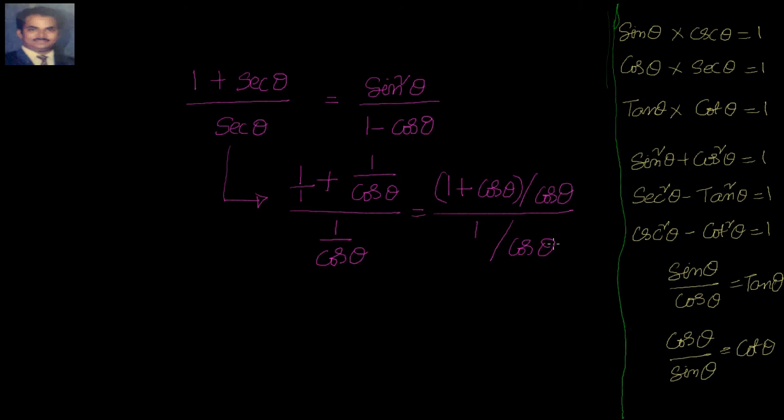If I simplify it, it becomes 1 plus cos theta by cos theta. This whole part has to come up, so it will reverse. This becomes cos theta by 1.